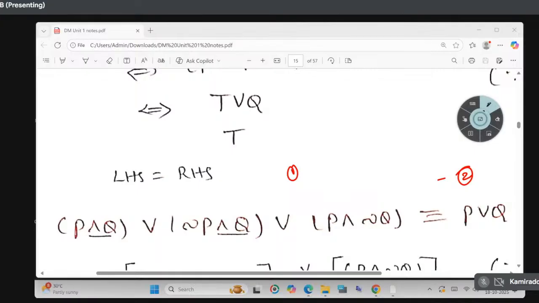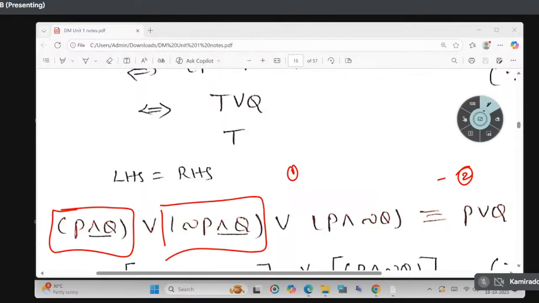Check the question: are the values with OR or with AND? Check the values within brackets, how the values are represented within braces. The first braces have P and Q, the second one is also negation P and Q, the next one is P and negation Q. But in between we have OR symbols, right? So first convert your AND symbols into OR symbols, then you can go for your solution.